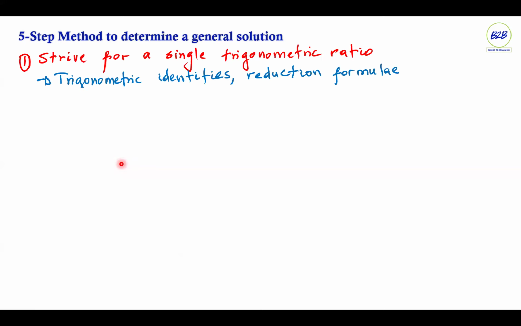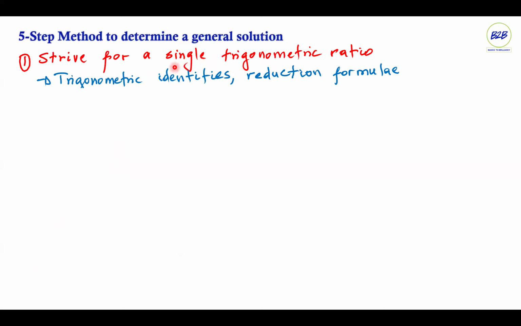Now then, the first step that we are going to perform is to strive for a single trigonometric ratio. So what does that mean? Remember, we are assuming that we are given a trigonometric equation with two trig ratios, for example, sine and cos.